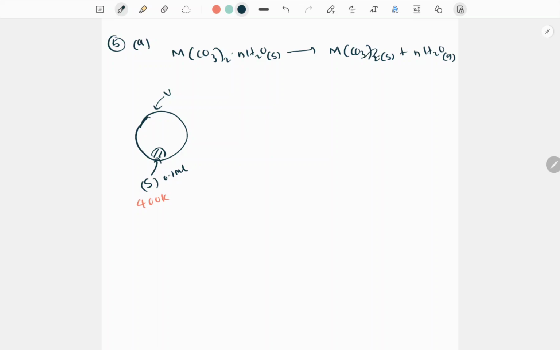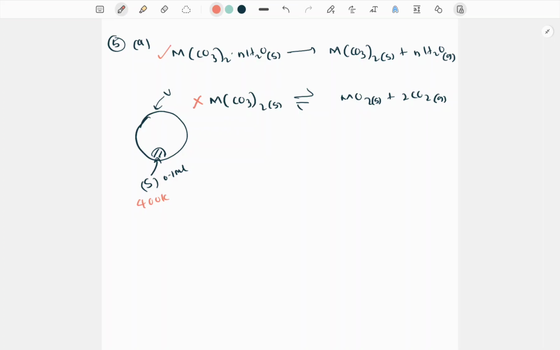Now you understand that decomposition of the metal carbonate, solid giving oxide plus carbon dioxide gas, doesn't happen at this temperature, 400 Kelvin. Only evaporation of the crystalline water happens, giving the carbonate and water vapor at 400 Kelvin.